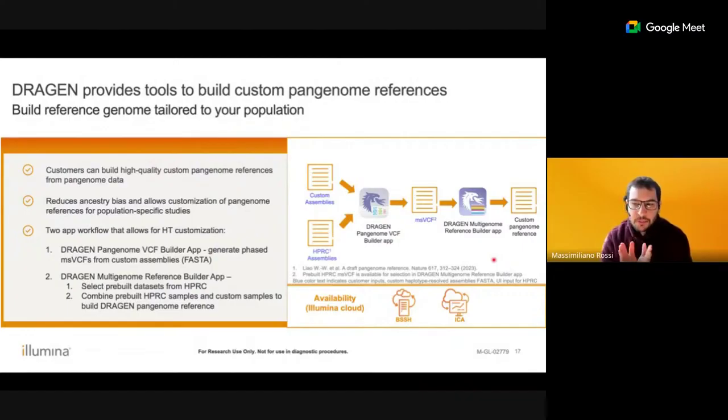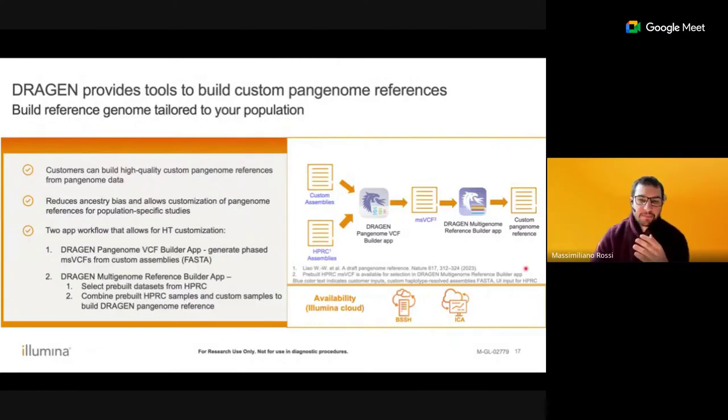Making the variant calls from a single sample takes roughly 3 hours per sample, while building a multi-genome reference takes roughly 2 hours once all the samples are processed. Everything is available on the cloud.